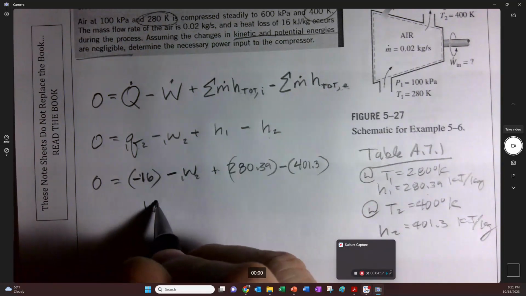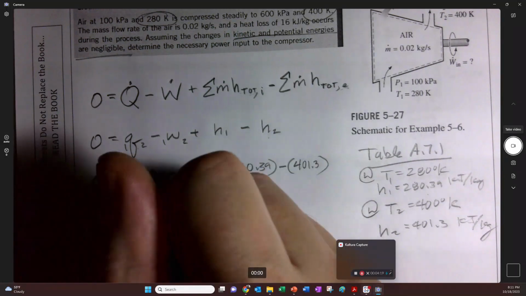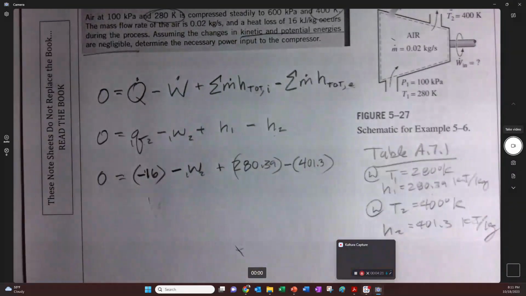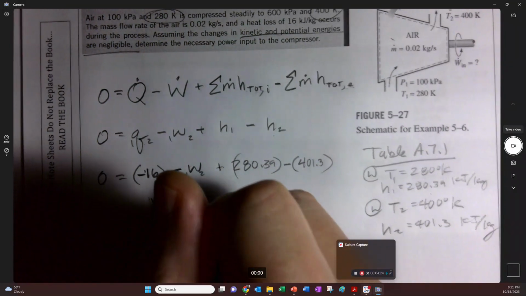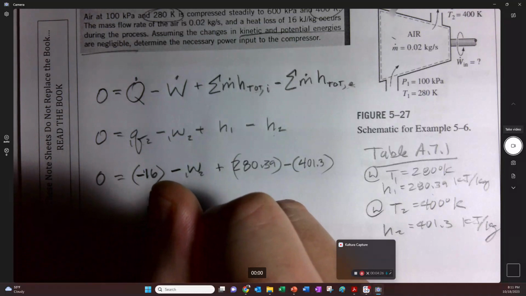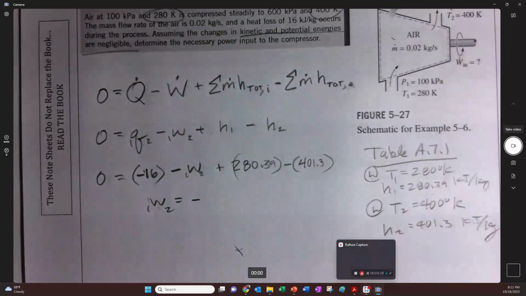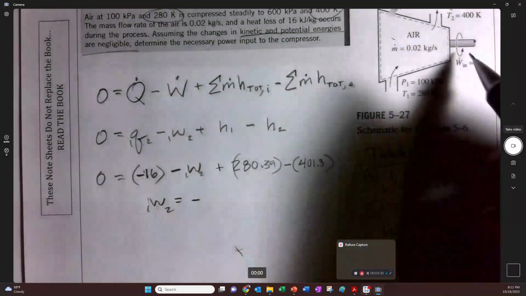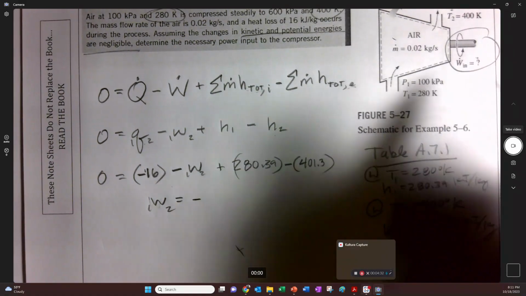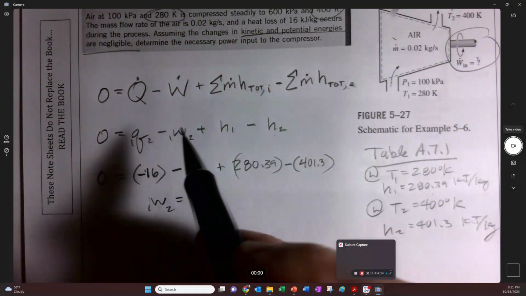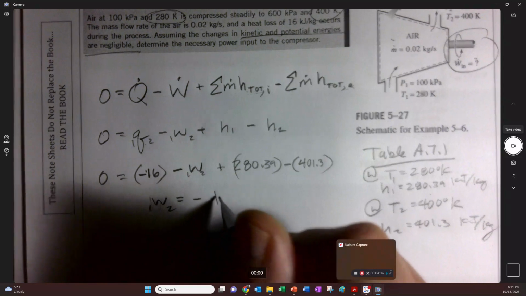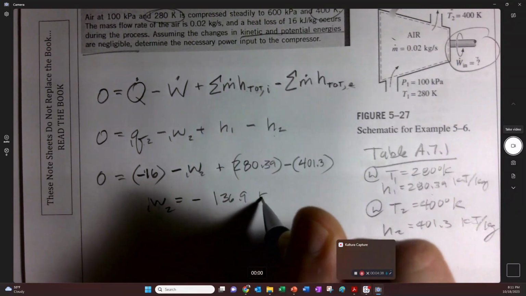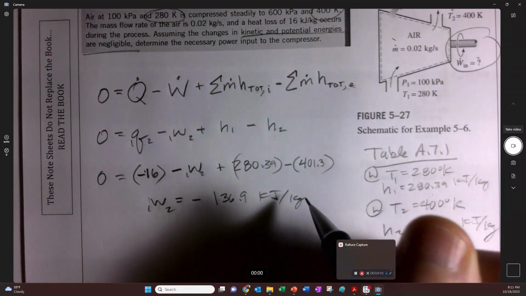What we get is, well, that's supposed to be a lowercase w. I'm going to try to make it look like a lowercase w, from 1 to 2. Better be a negative number because we anticipate it being negative because work is in. We just didn't put the negative with the negative in there. We had 136.9 kilojoules per kilogram.